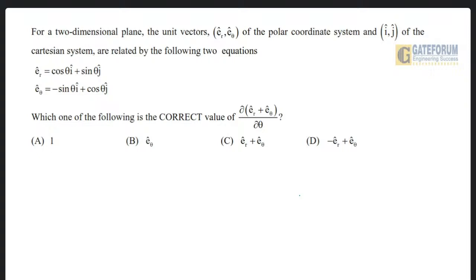Which one of the following is the correct value of dou by dou theta of e_r cap plus e_theta cap?